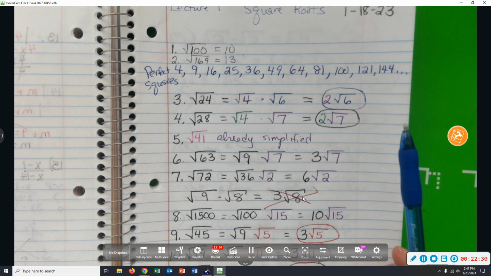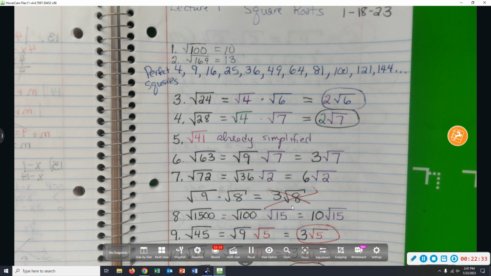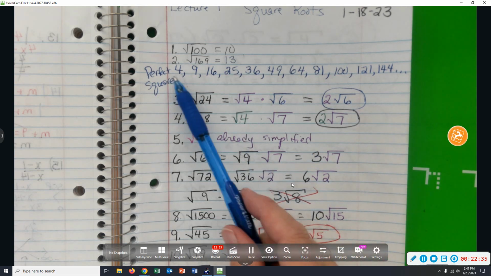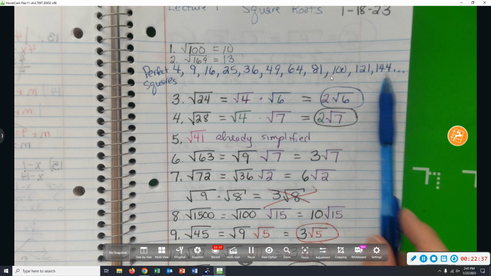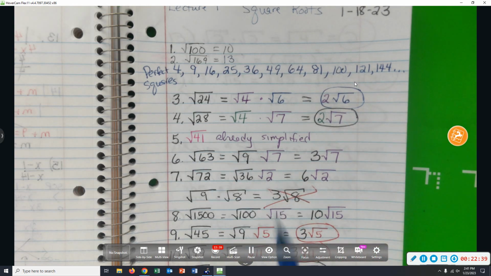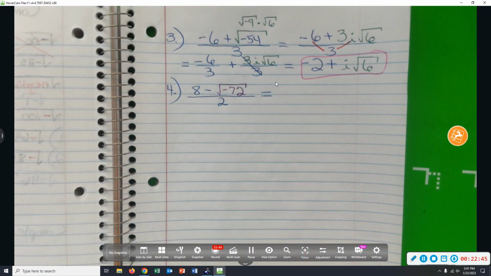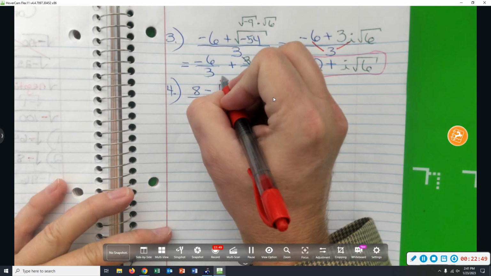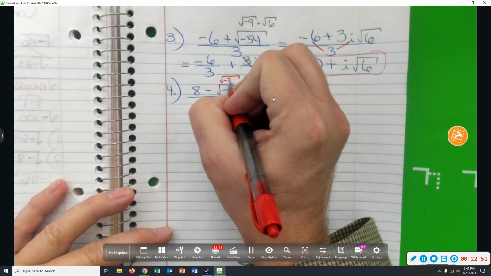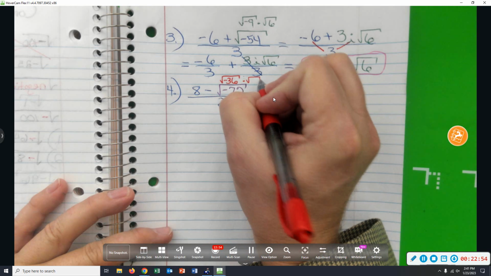Remember, the number that's under the square root can't be divisible by any other perfect square. If you use 9 times 8, 8 is divisible by 4. So use the biggest number that divides evenly into 72, and that's 36. So here's my thought process. That's a -36 times a 2.